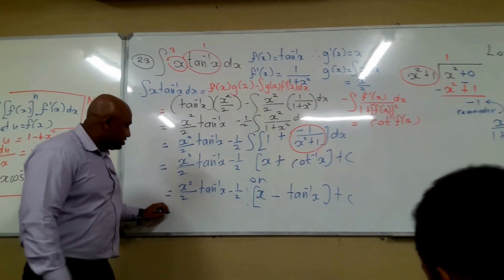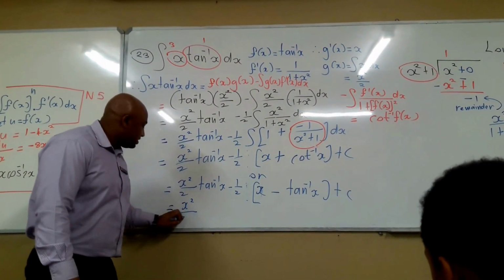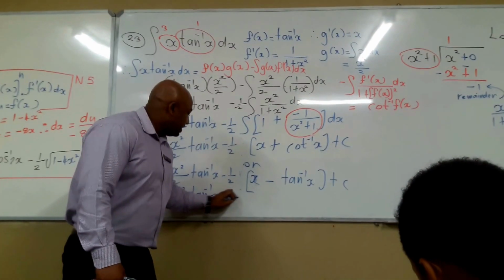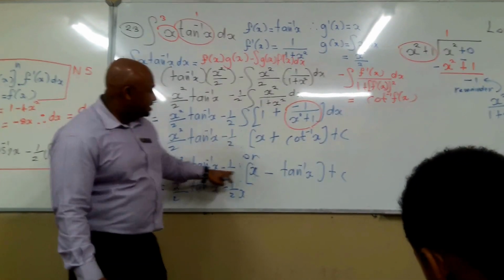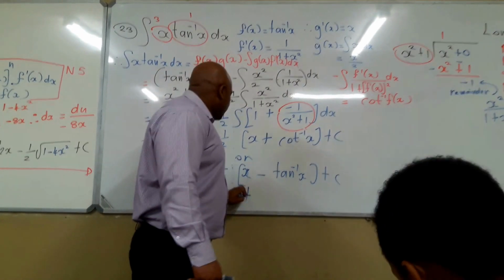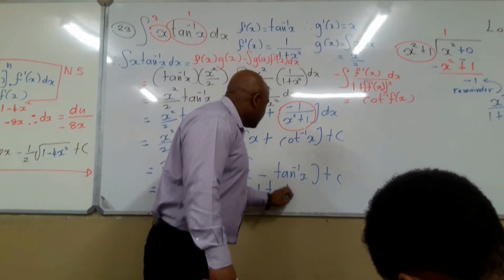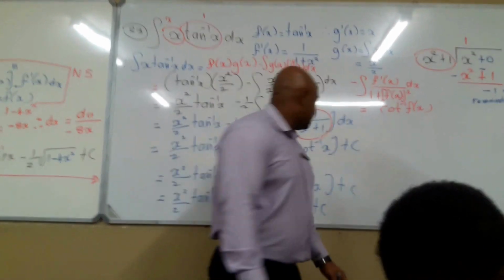If you want to multiply out, you can, but it's unnecessary. So that's x squared over 2 inverse tan of x. So that will be minus half x. Negative times negative will be a positive half inverse tan x plus c.